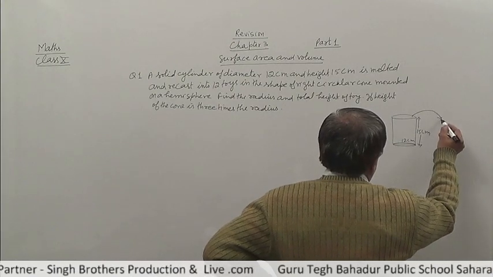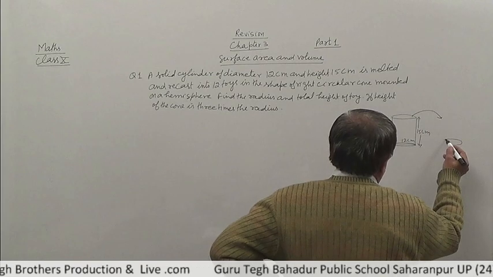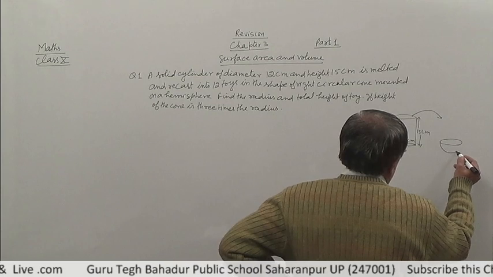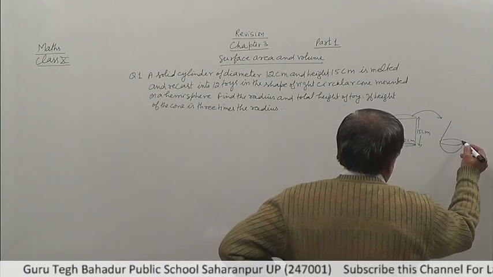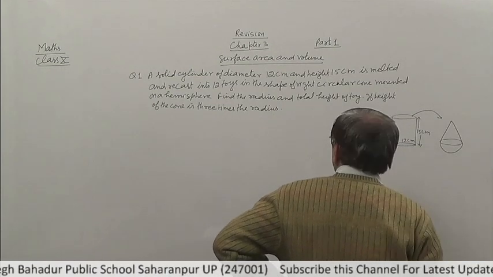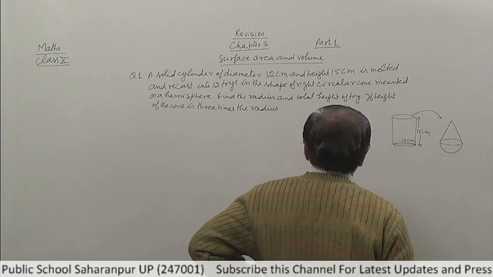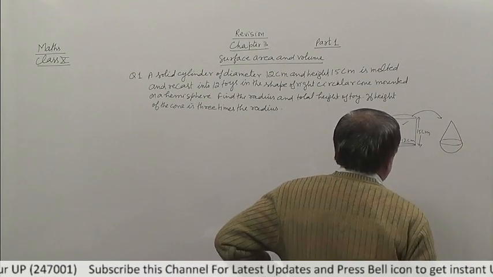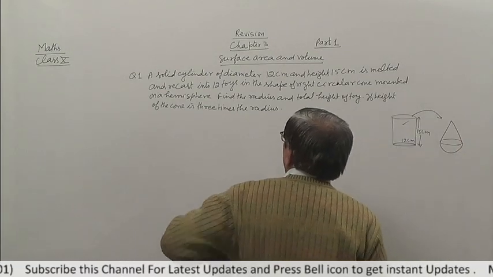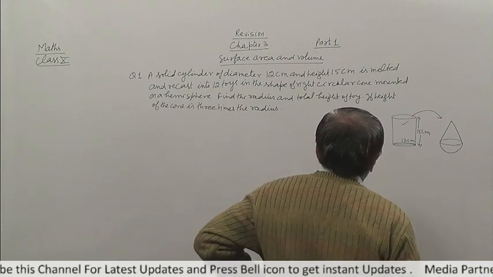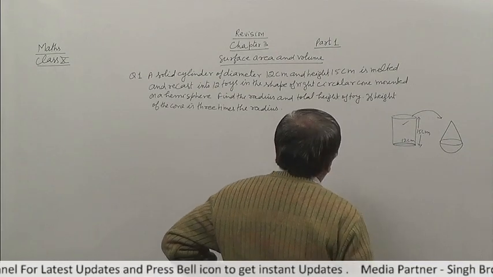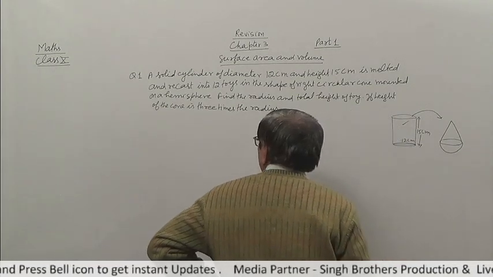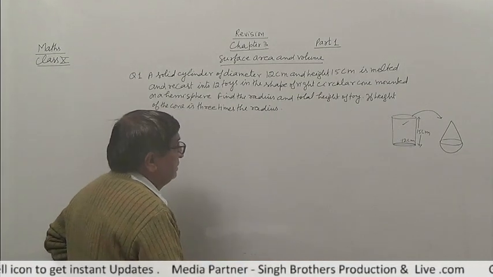It changes into a solid toy in the form of a cone mounted on a hemisphere, and this cylinder is changed into toys, so that 12 toys are formed. Find the radius and total height of the toy if the height of the cone is 3 times the radius.